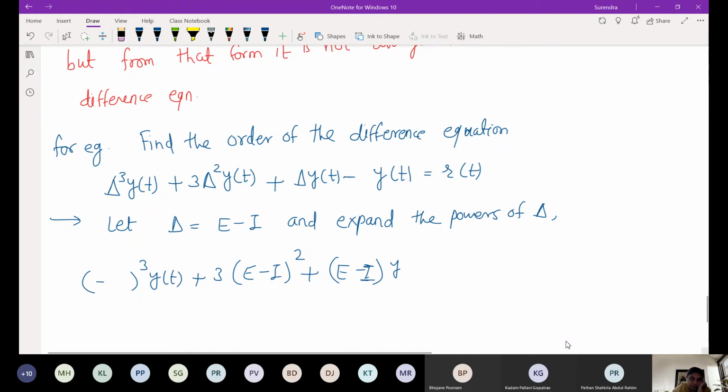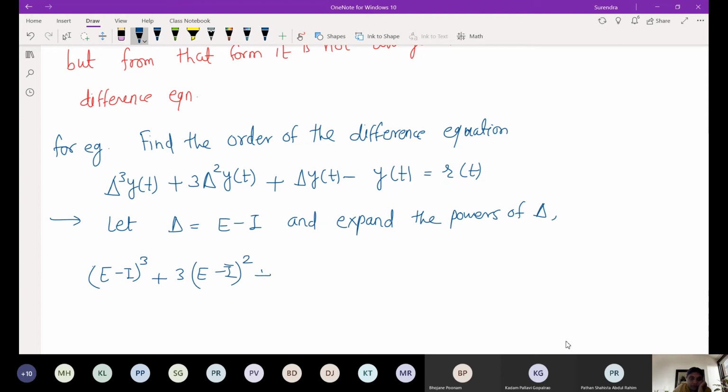Let me erase everything. (E minus I) cube plus 3 (E minus I) square plus (E minus I) minus I, this whole is operated on yt, which is equal to rt.